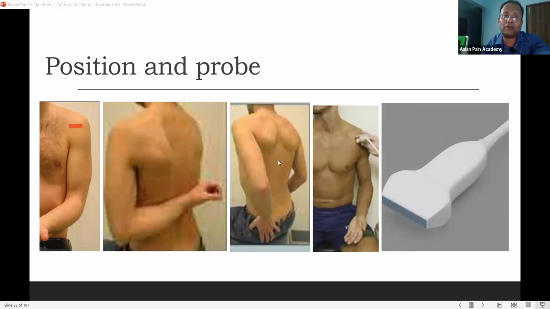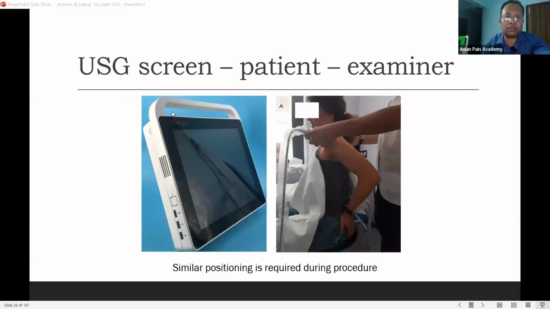But if it is a patient and not a volunteer, then it becomes very difficult to take all these positions. Then positions where the elbow is flexed and the shoulder is extended are far better to see most areas of the anterior shoulder. Okay, so these are the positions.